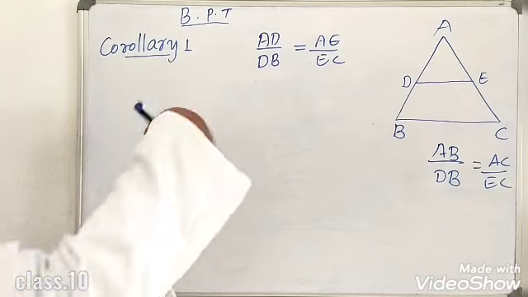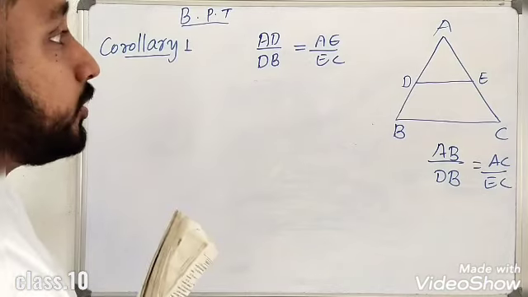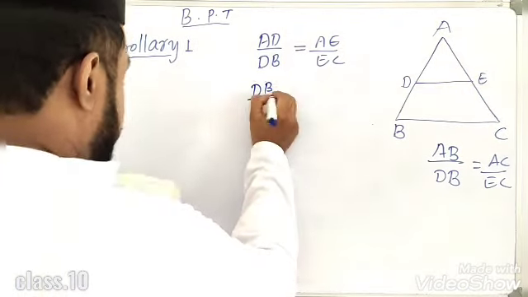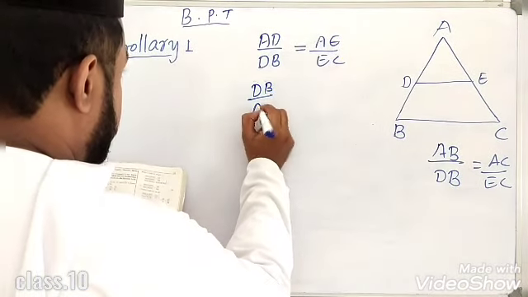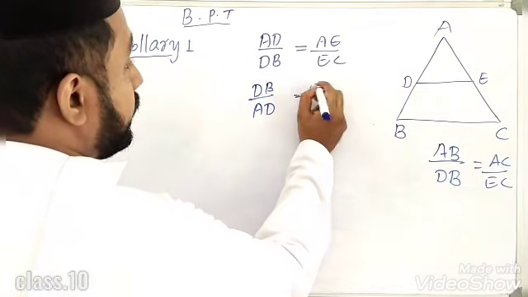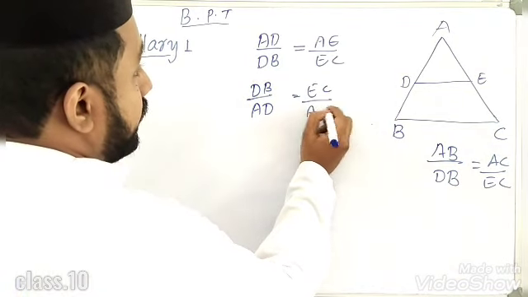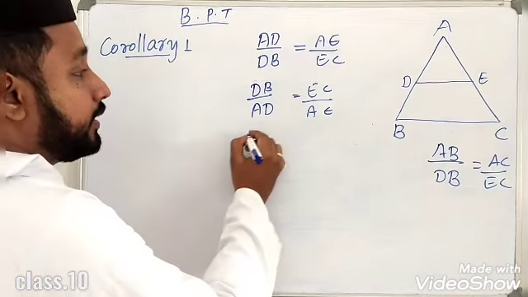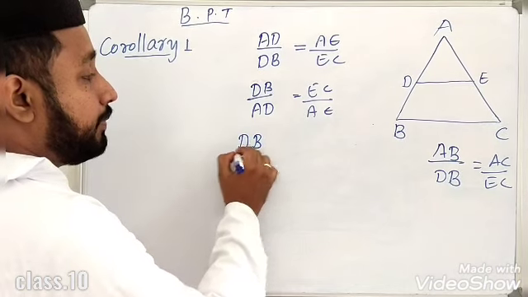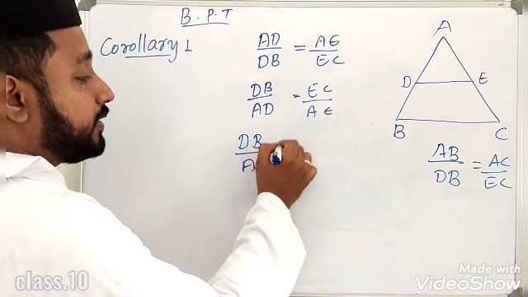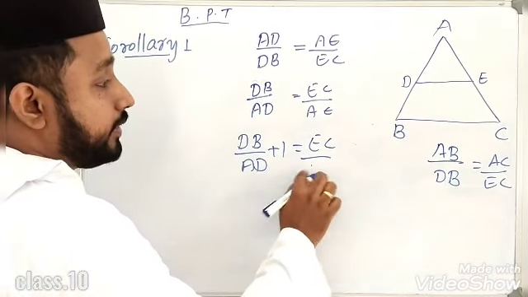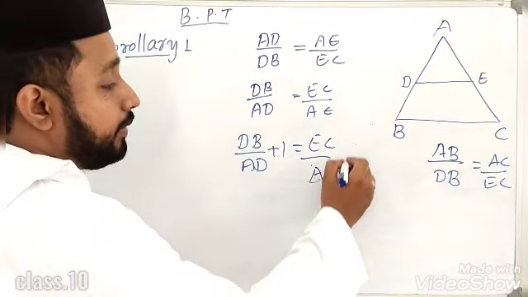Then we take the reciprocal on both sides, that is DB by AD is equal to EC by AE. Then adding 1 on both sides, DB by AD plus 1 is equal to EC by AE plus 1.